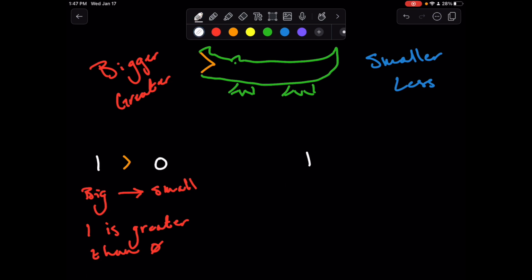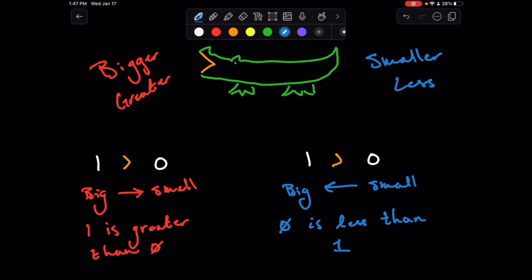But we could also look at this another way. Instead of reading from the big to small, we could read from the small number to the big number. And we'll read 0 is less than 1. They mean the exact same thing.